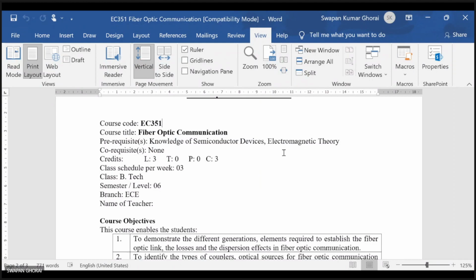So knowledge of semiconductor devices is required, as well as, since we'll discuss the propagation of light in optical fibers and fiber characteristics, electromagnetic field theories will be required. Not in detail, but a little bit of Maxwell's equations. We'll see when we discuss the modes. At that time we have to take help of Maxwell's equations, particularly for mode theory.